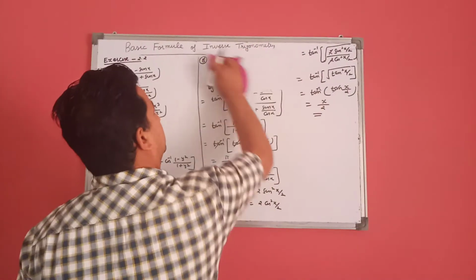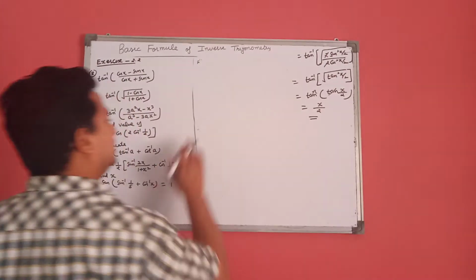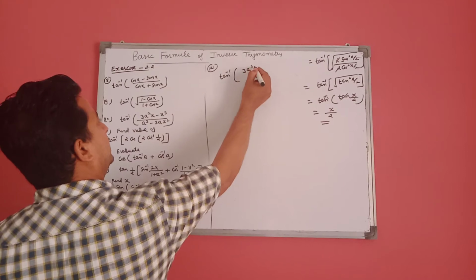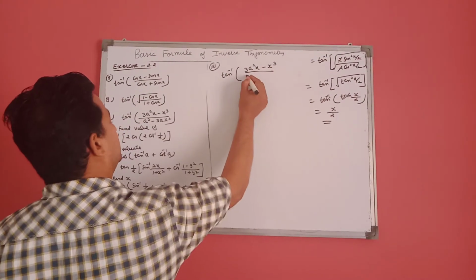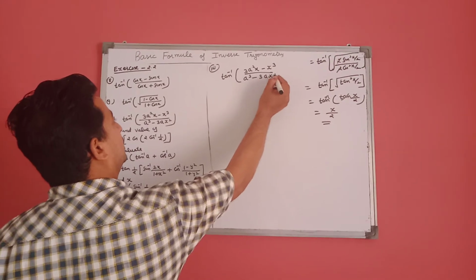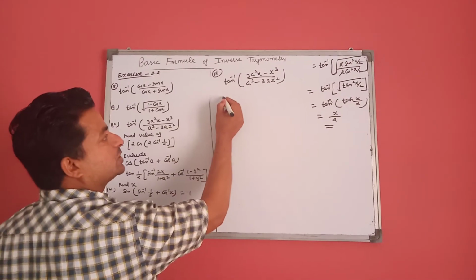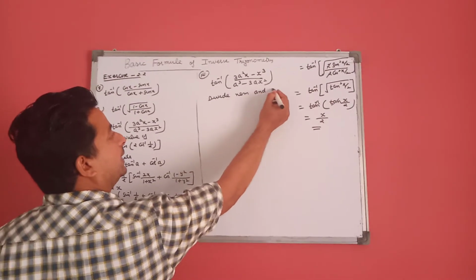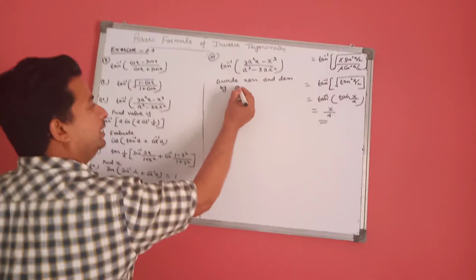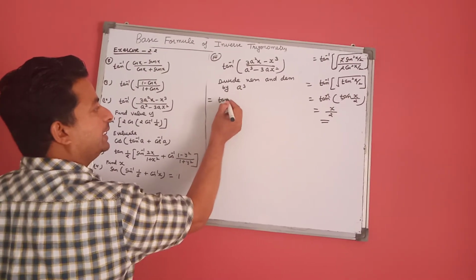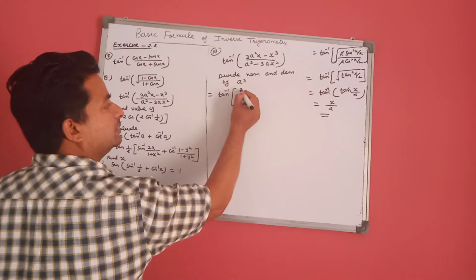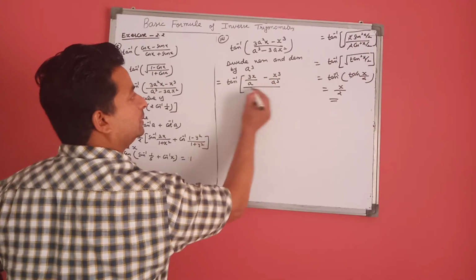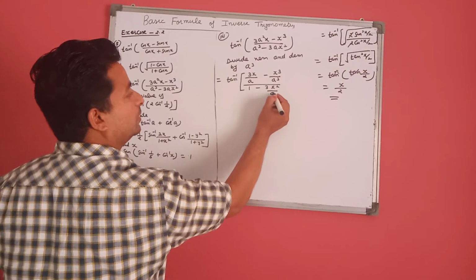In question number 10, the statement is tan inverse of 3a square x minus x cube upon a cube minus 3ax square. Write this in simplest form also. To solve this, first divide numerator and denominator by a cube. So we get tan inverse of 3x upon a minus x cube upon a cube, over 1 minus 3 x square upon a square.